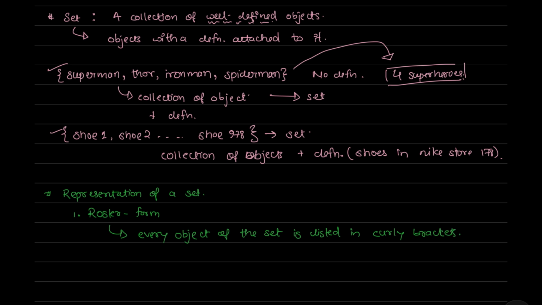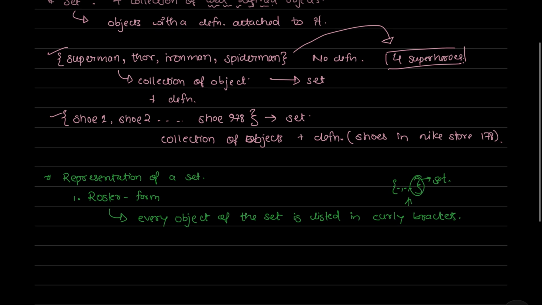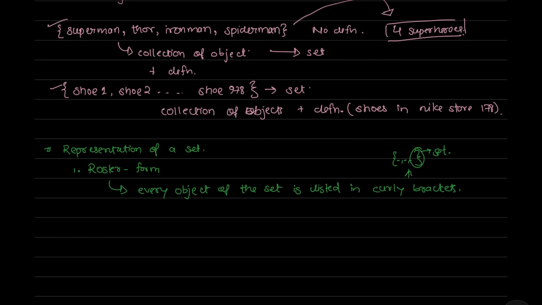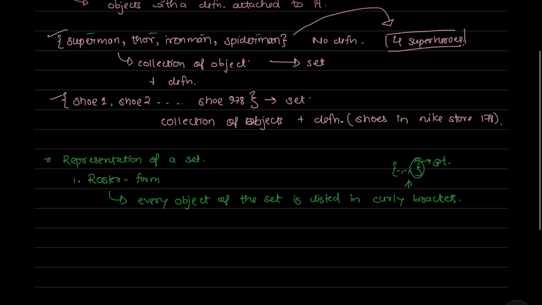When you see curly brackets, you mean these signs. So all the elements of the set represented one by one inside curly brackets is a roster form. We use curly brackets to denote a set. An example of a set in roster form, as we have seen above, Superman, Thor, Iron Man, Spider-Man, this is a roster form of a set.